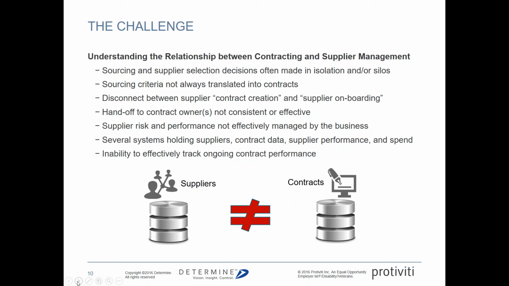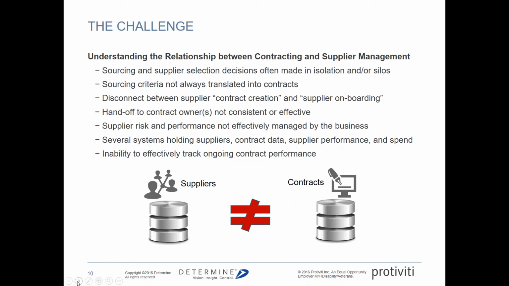In one context, sourcing and supplier selection decisions are often made in isolation and in silos, and as a result, we create a duplication of efforts that increases cost and could potentially damage corporate brands, because this disconnect happens, and this disruption can sometimes be immeasurable.